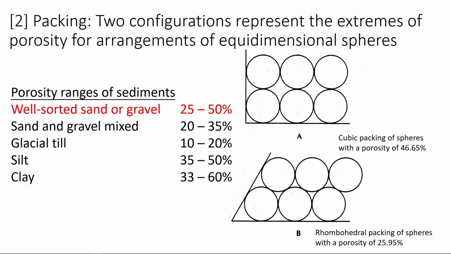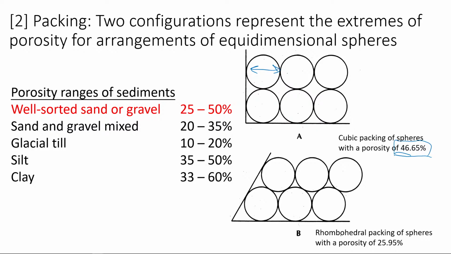Here, the two packing configurations represent the extreme porosity arrangements. Regardless of the diameter size, if I have this type of packing, the porosity will be, and you can divide the volume of a sphere by the volume of a cube, with the diameter equal to the side of the cube, and you will find that the porosity will always give you this, regardless of the diameter.